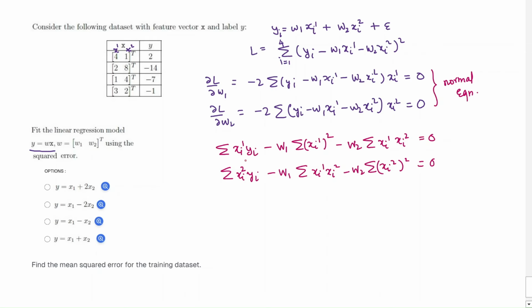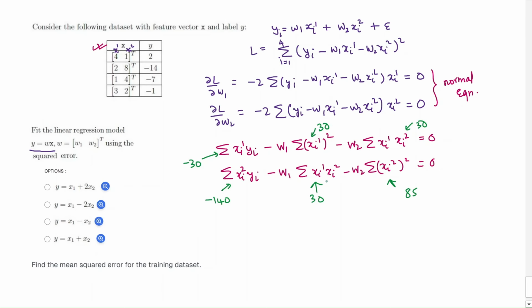Now these terms, xi1 yi, xi2 yi, and all of these terms can be computed using this data set, right? And if I compute all of them, then this term turns out to be minus 30. This turns out to be minus 140. This term is again 30. This term is 85. This term is also 30. And this term is also 30.